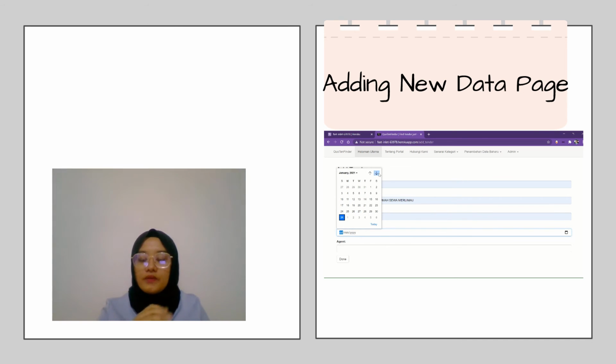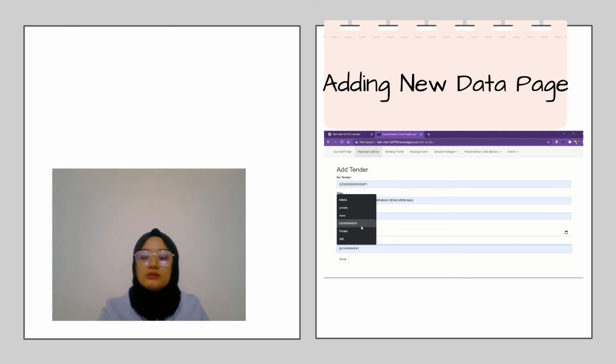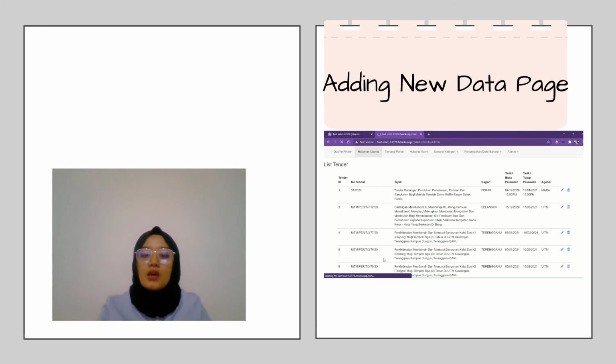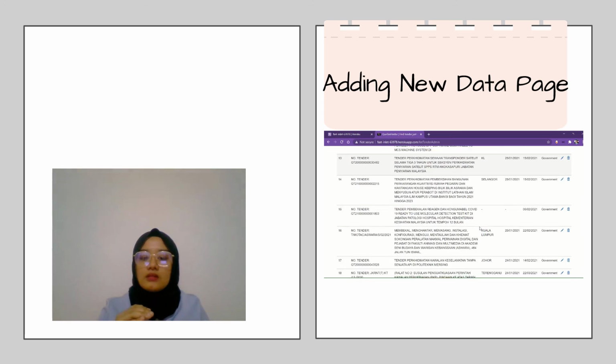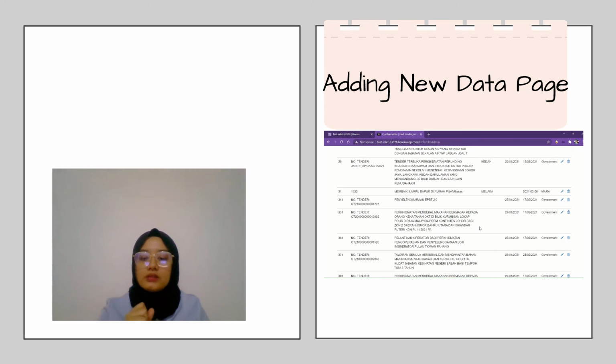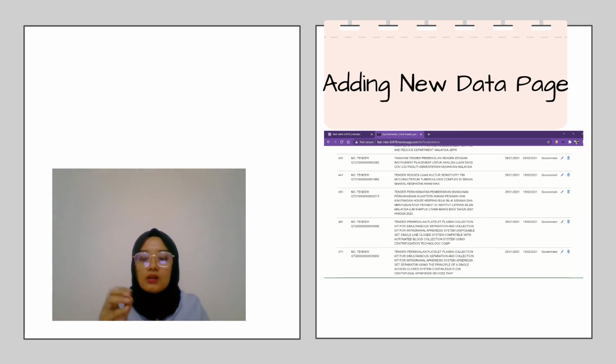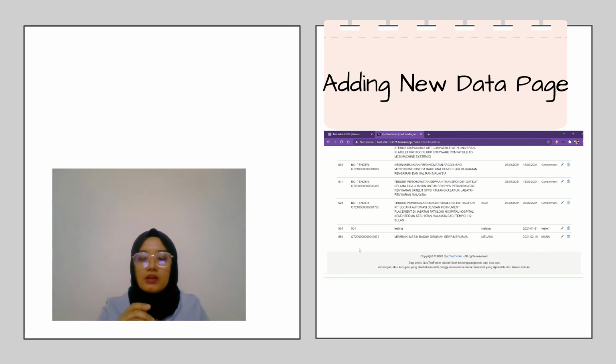And lastly, if you finish adding the data, you just click on the button done. After that, it will direct to the list of all the tenders, and you can see the new data that we already added on the list.